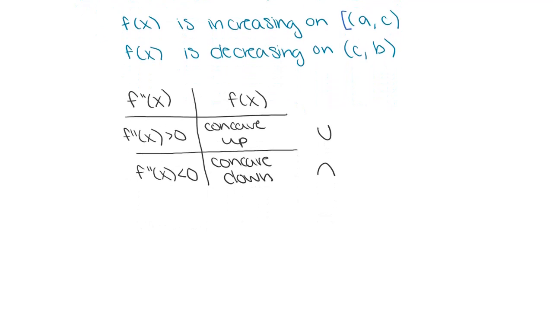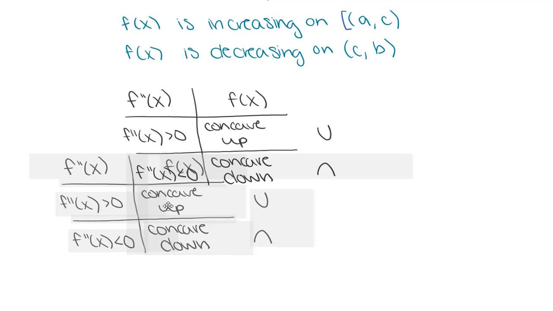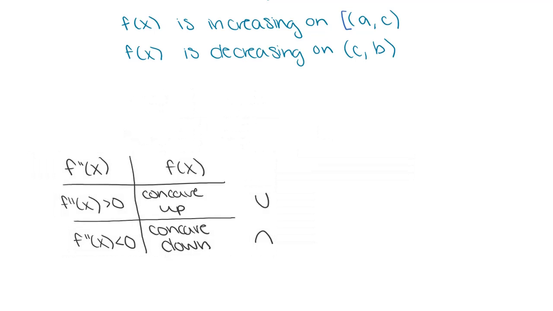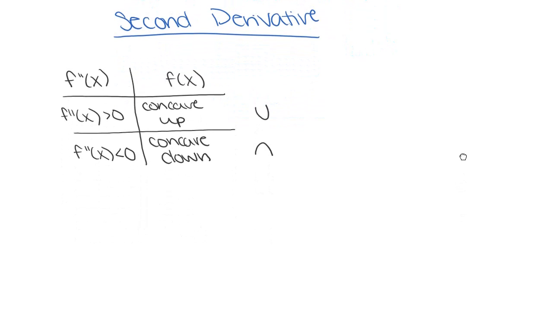Okay, so that's our chart for our second derivative, and maybe let's move that over here, give it a title just to make it a little bit more organized. So if you want to try to make sense of these notes down the road, you have something to actually look at.